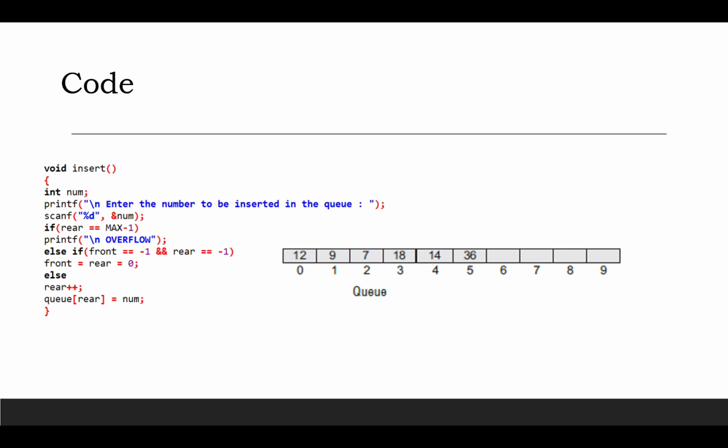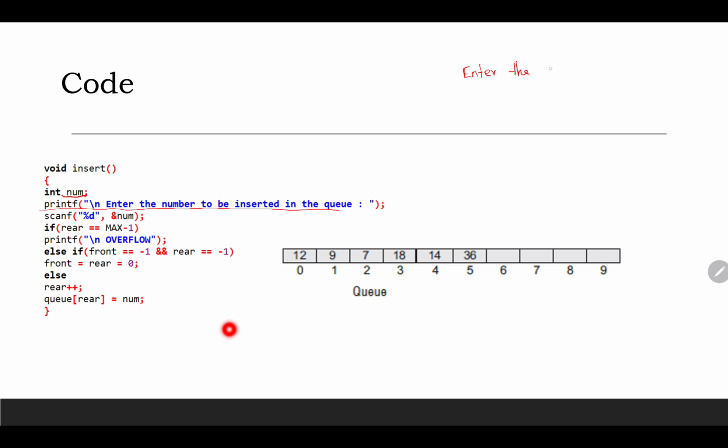Here we have declared one variable, that is num. Then by using the printf statement, it will print "Enter the number to be inserted in the queue" when you execute this code.